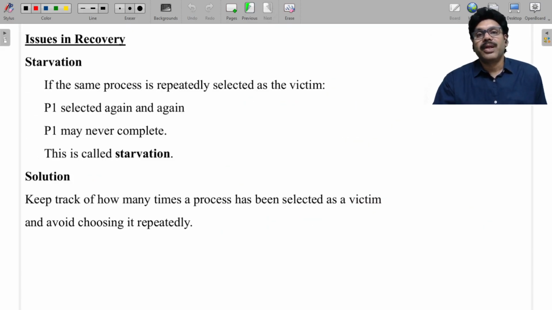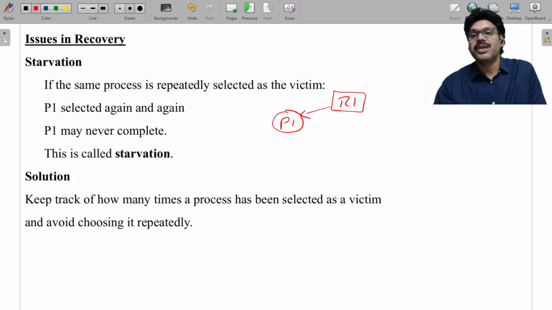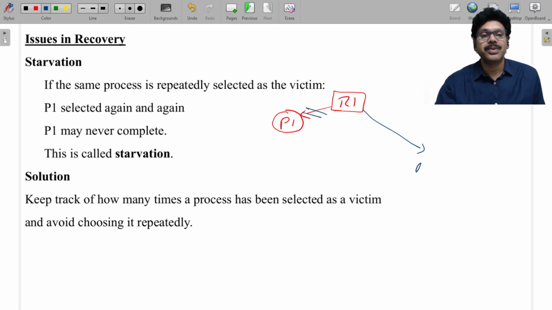Issues in recovery: starvation. Because you are taking the resources from the earlier process, that process will always be waiting for the resource. For example, in the previous case, we have revoked resource R1 from P1. Earlier it was allocated; now I have removed it. Once removed, R1 is assigned to P2, which already obtained resource R2.